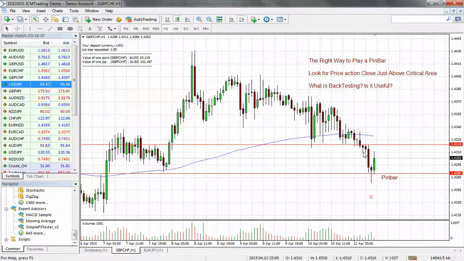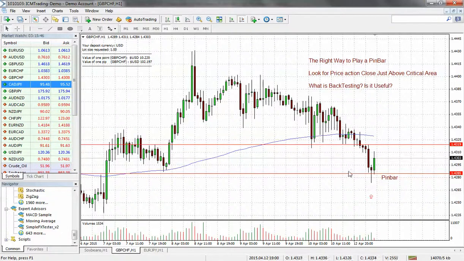All right, I'm trying to keep this as simple as I possibly can, but sometimes when you're trying to explain something so simple, it can get very wordy. But I want you all to just get the gist of how to trade these when the close is very close to the critical area. And when you do this, you're going to see that it's so much easier to manage your trade versus trying to trade the pin bar when the tail is above this critical area.